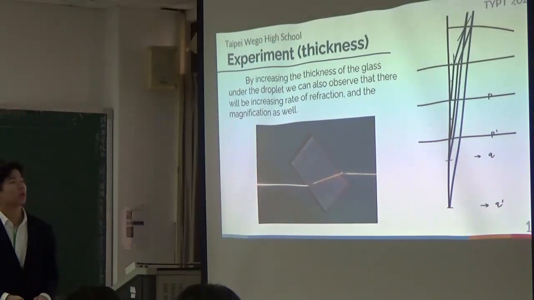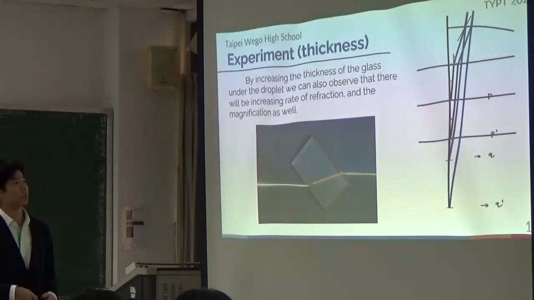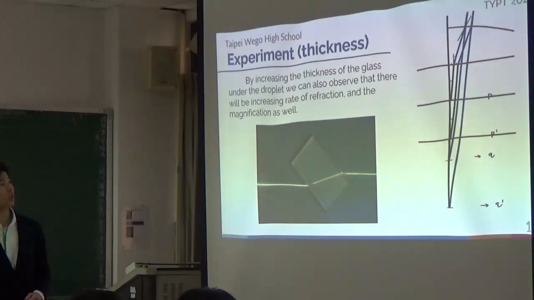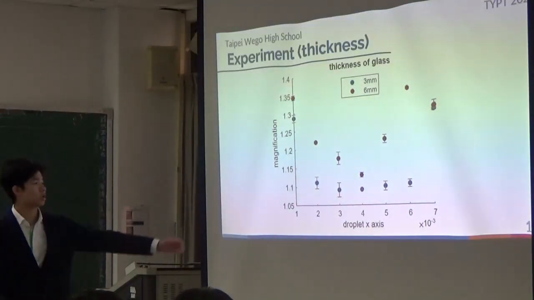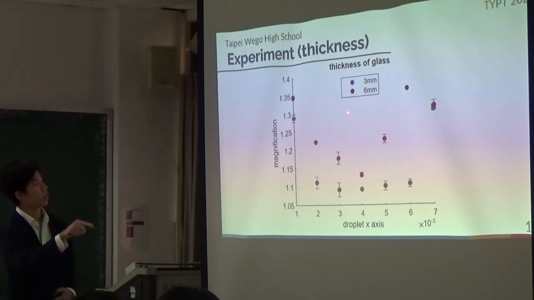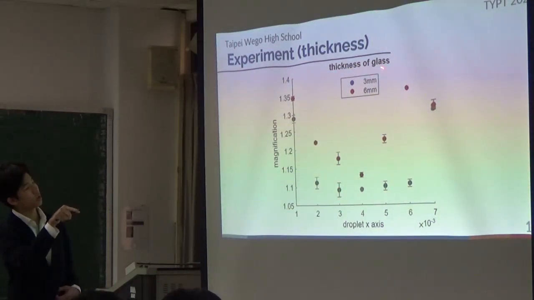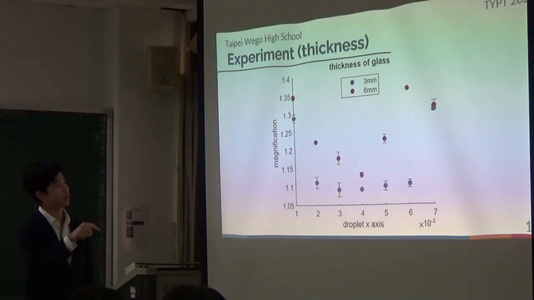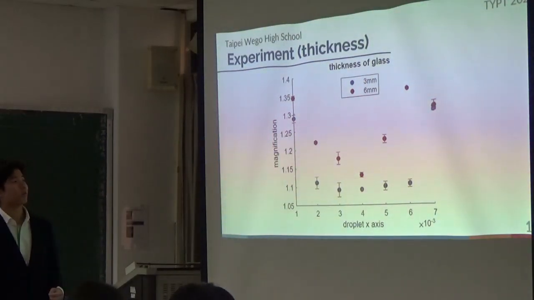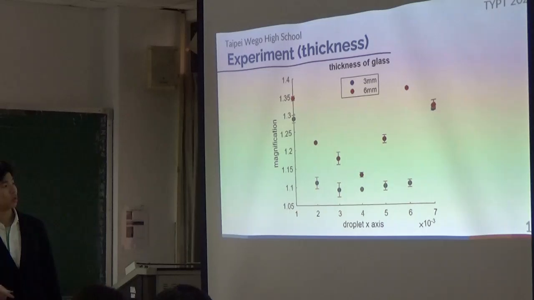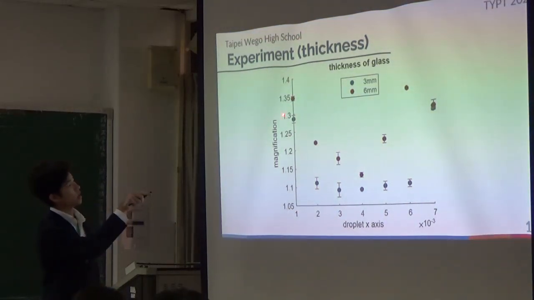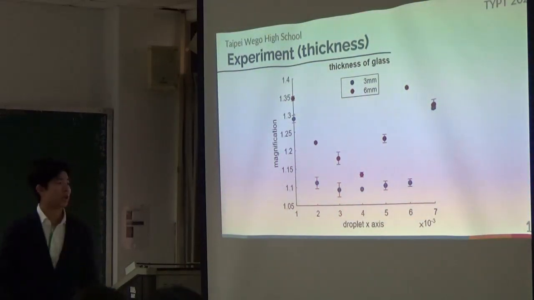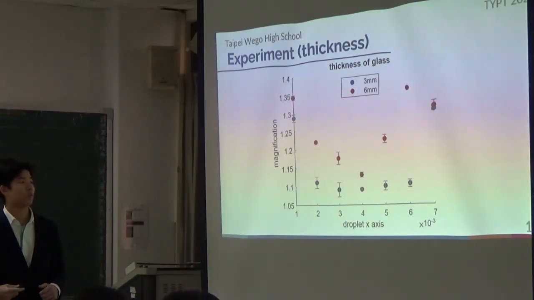So we can predict that there will be a bigger magnification. Here is our experiment result, where we used 3 millimeters and 6 millimeters of glass thickness. We can see that the 6 millimeters gives a bigger magnification.